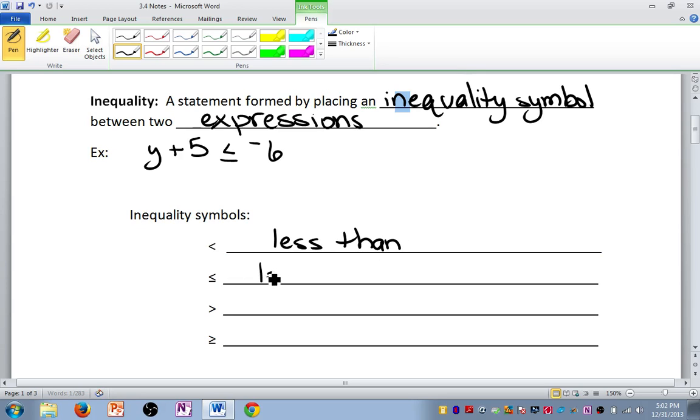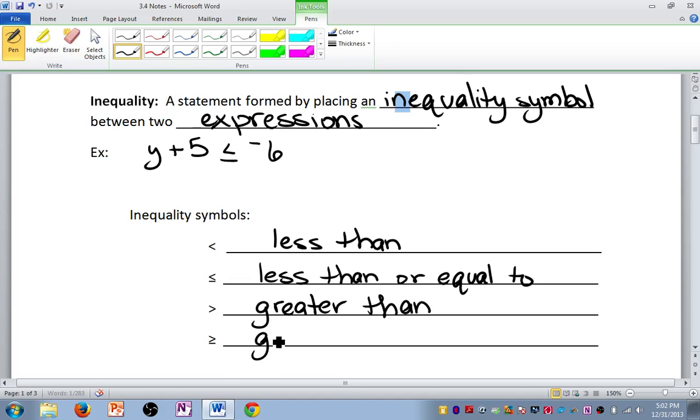This means less than or equal to. This one means greater than. And this one means greater than or equal to.